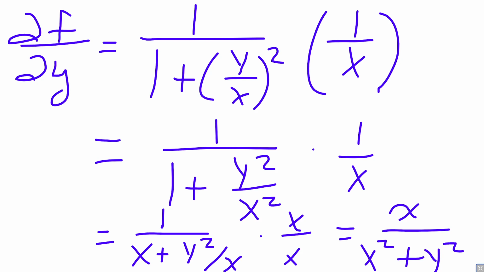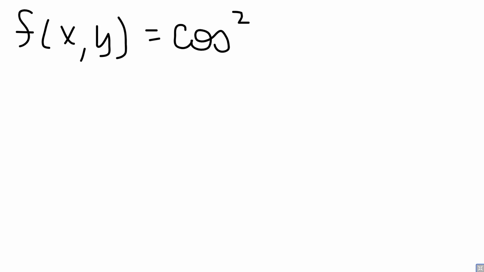Okay, so let's take a look at the next one. If I take a look at the next problem, I have f of x, y equal to cosine squared of 3x minus y squared.